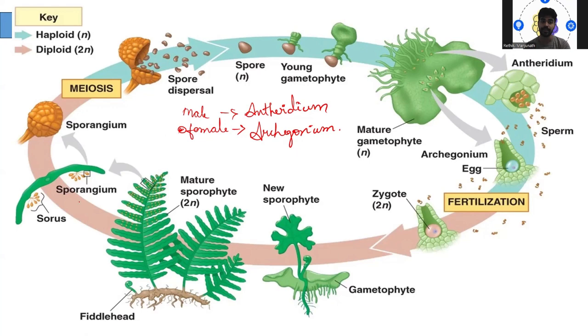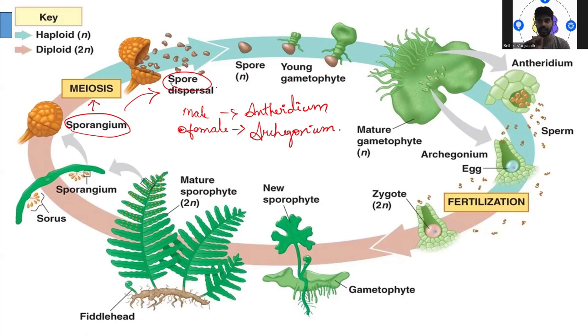So what happens? These sporangia, which are present submerged on the leaf of the pteridophyte, undergo meiosis, which is reduction. As a result, the sporangia start producing spores.